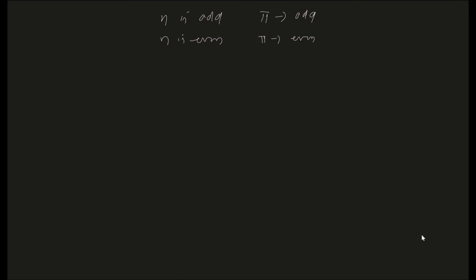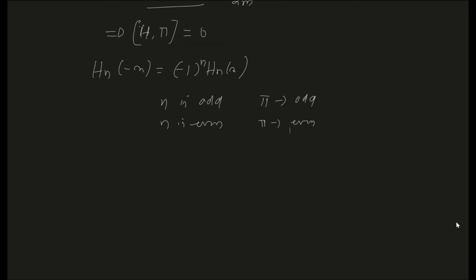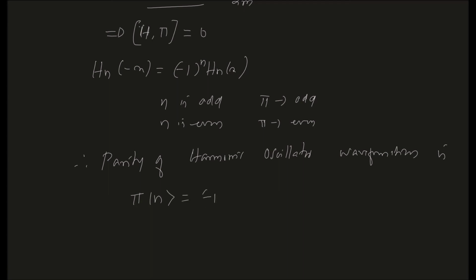Now, if you remember the harmonic oscillator wave function, it basically has a Hermite polynomial multiplied by a Gaussian function, and the Gaussian is an even function. That means the parity of the harmonic oscillator wave function is given by pi n is equal to minus 1 raised to n. So it depends on whether the quantum number n is odd or even.